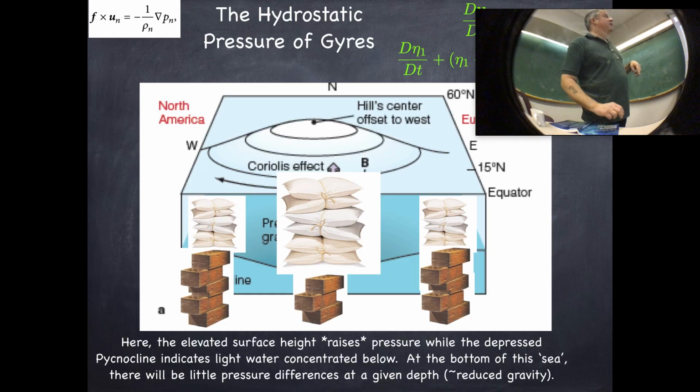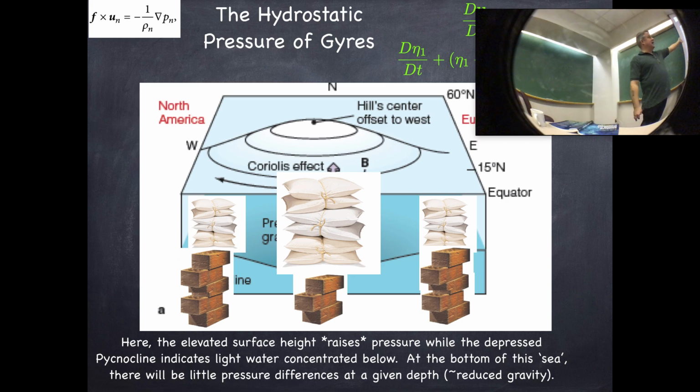Okay, here's one. This is the hydrostatic pressure of gyres. So, what's the pressure like in the surface layer? It just depends on Z. It depends on Z, but wait, the surface is lifted.